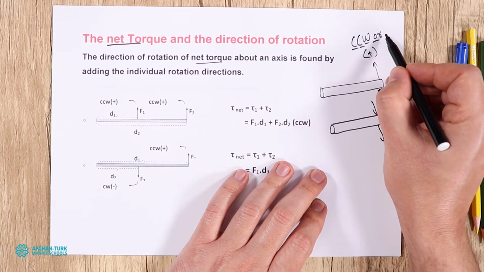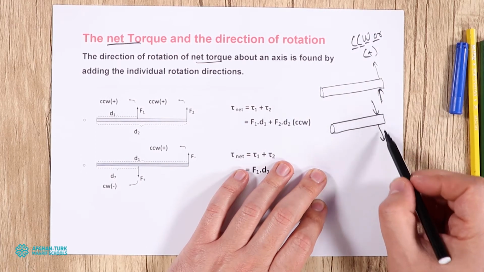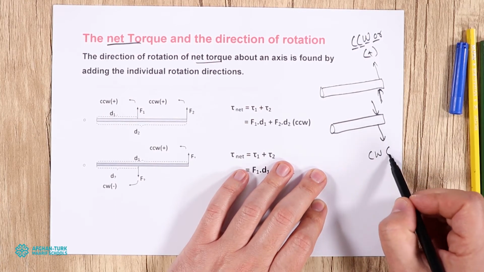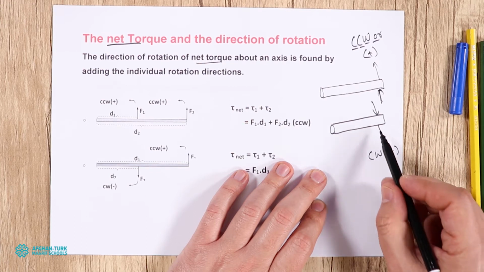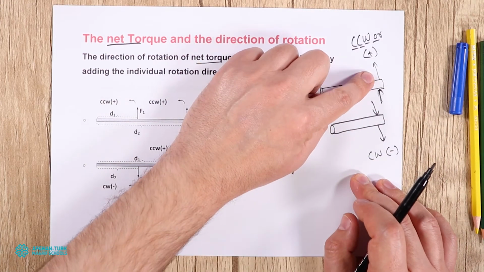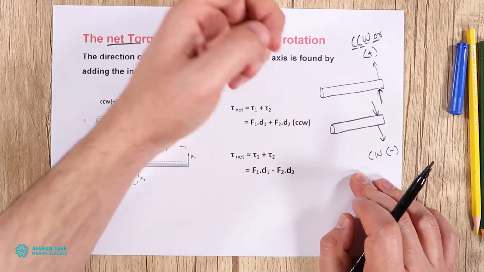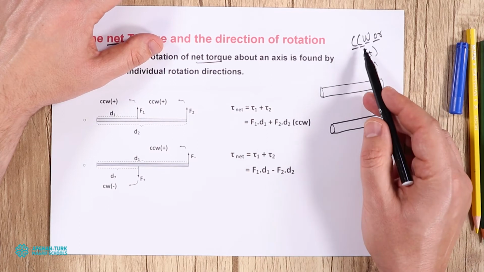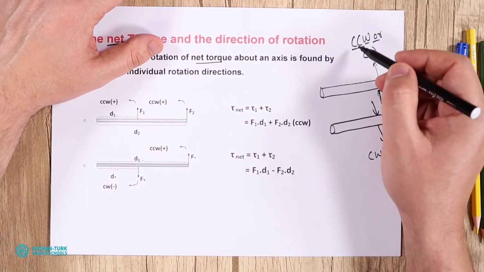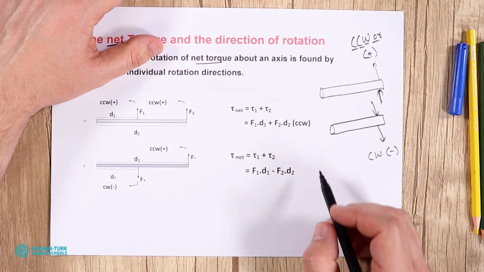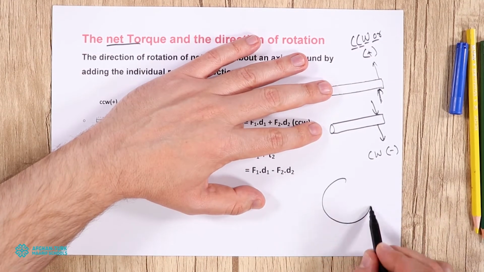The downward direction is called clockwise. The clockwise must be negative, so downward is negative but upward is positive.